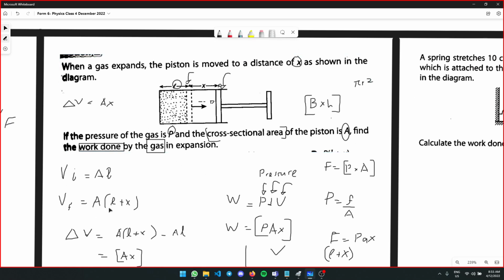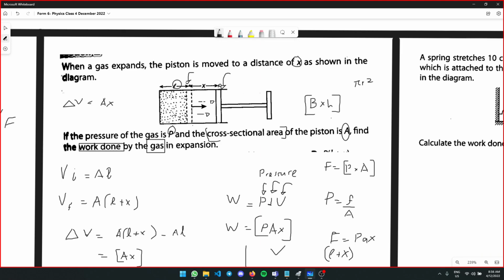If you're asking whether we should know if it's L plus X or not, remember what the initial conditions are. If you ask for work done, it's always a delta, always a change. So where is it changing from? Here they give you the lines: it's changing from this position to here. That's how much work is being done.